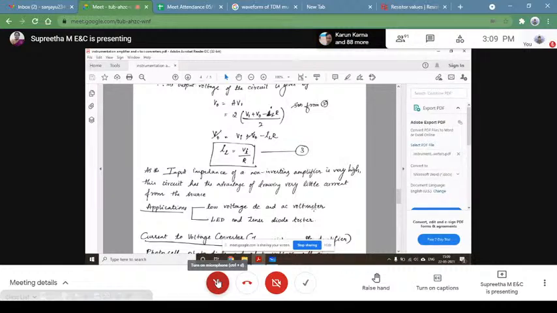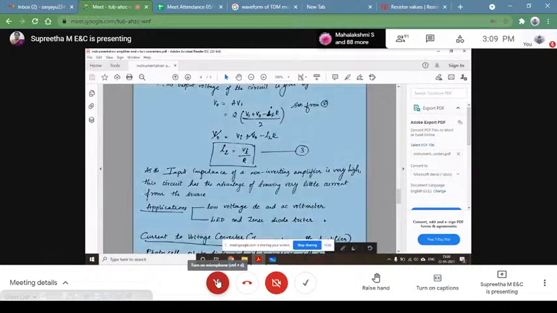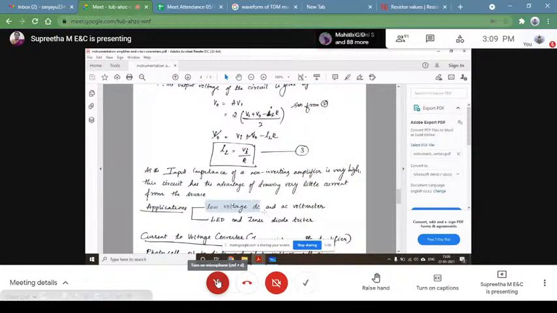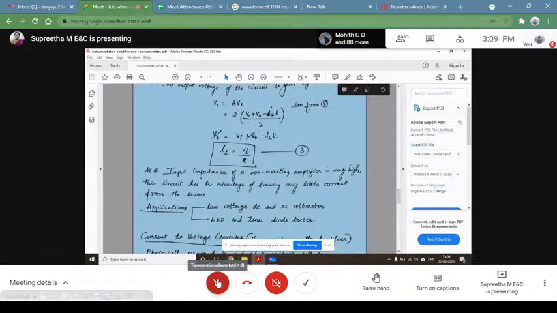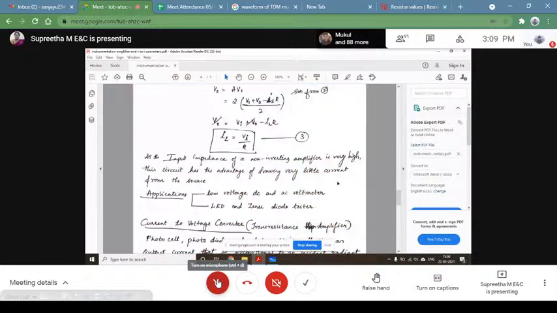Okay, these are some of the applications where your V2I converters are used. So you can look into several papers which work on V2I converters with all these circuits. Any doubts about V2I converters? Everybody, is it clear?